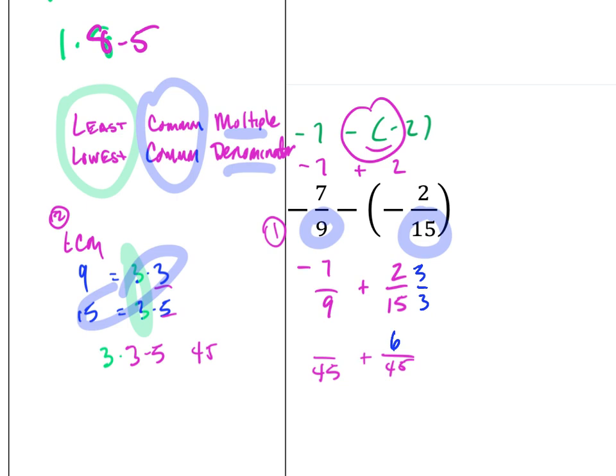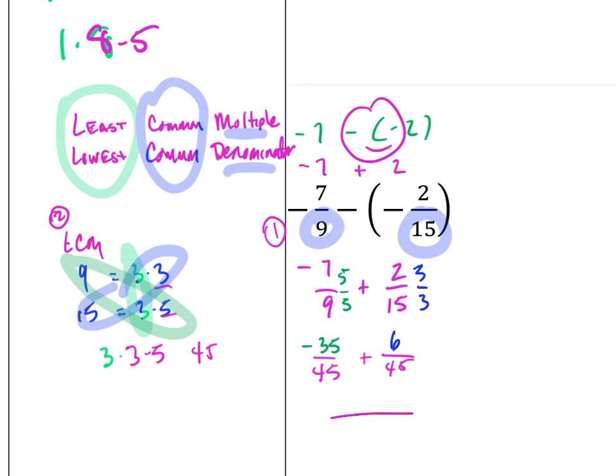And then if I look at 9, okay, 9 times 5 is 45. So that means I'm going to multiply this by 5 over 5, which means I'm going to get negative 35/45. Don't simplify it.